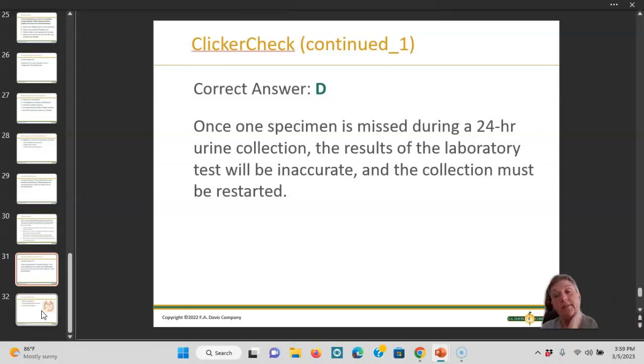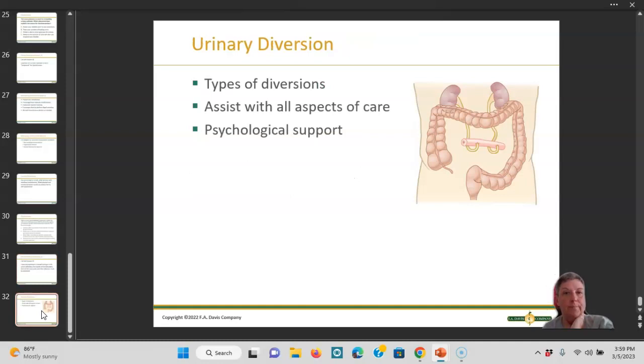Now the patient has to stay even longer to do the full 24-hour collection. That's why you put multiple postings all over the room to be sure that we put all the urine in there.